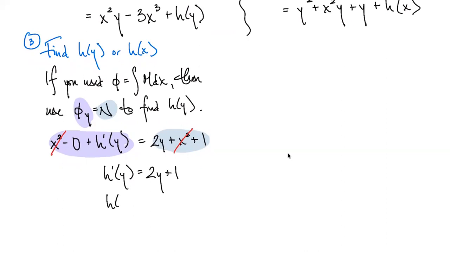So we'll get h of y equals y squared plus y. So let's make a note here that we integrate. And we're going to go ahead and put a plus c on the end, all right? Knowing that this c is going to get collected with another c later on, all right?